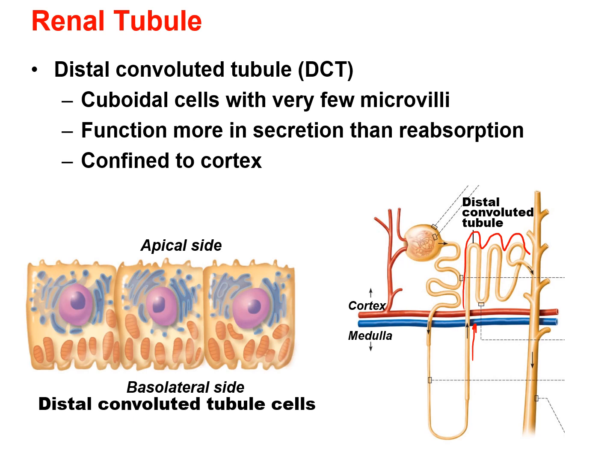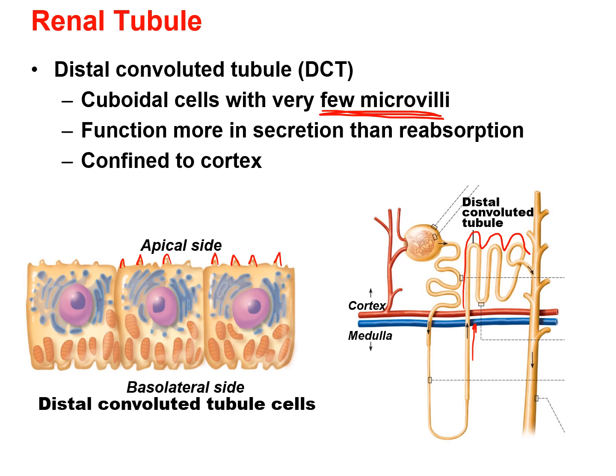If you look at the cells of your distal convoluted tubule, they are cuboidal, again, just like we saw for your proximal convoluted tubule, but the big difference is there are very few microvilli on the cuboidal cells associated with your distal convoluted tubule. So there might be a few of your little microvilli, but you don't have that dense brush border that you saw on the cells for your proximal convoluted tubule.